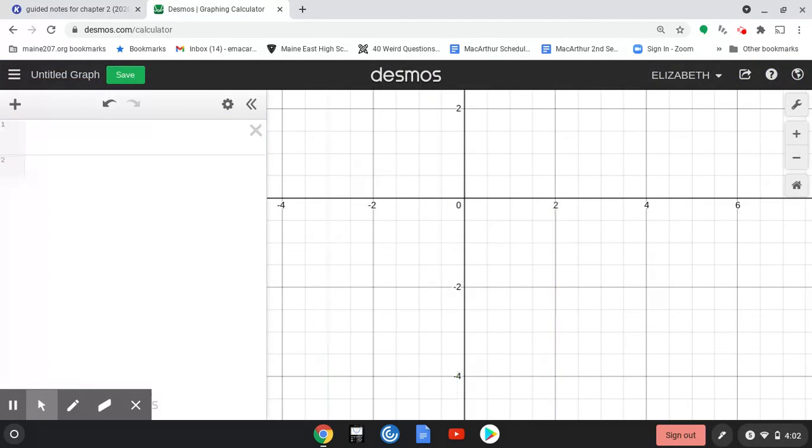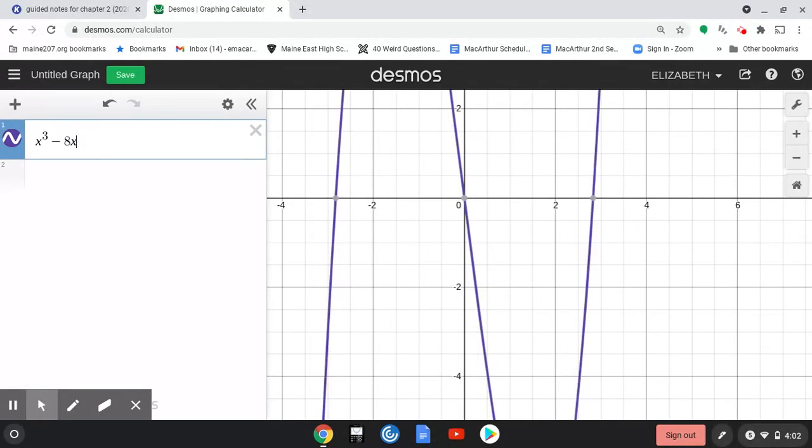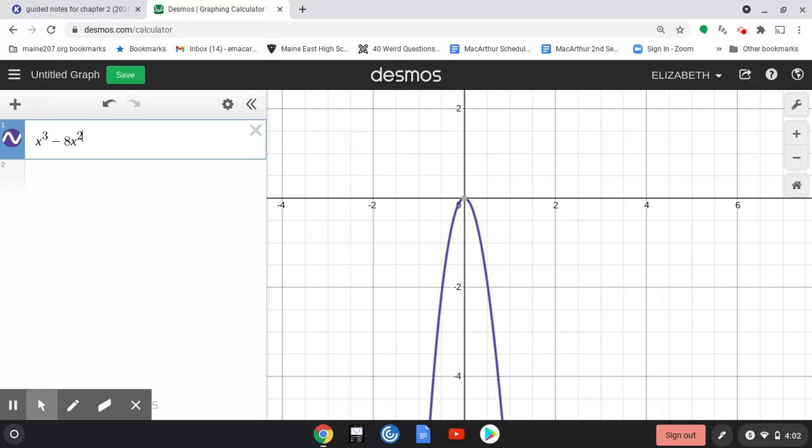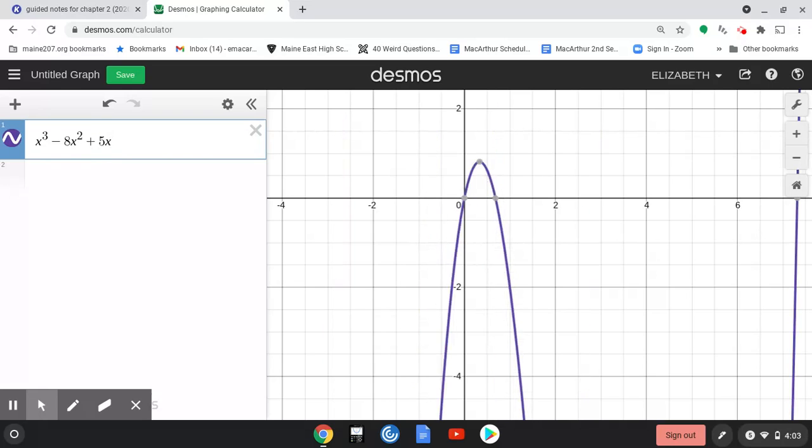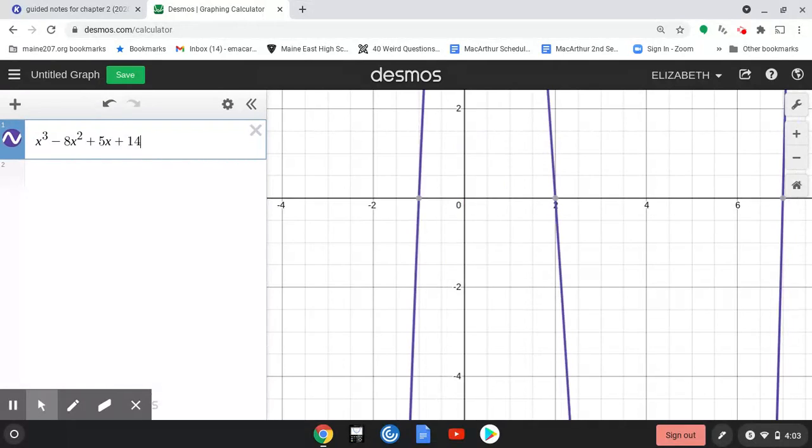All right, so if you've done it here, we're going to type our function in, x to the third power minus 8x squared plus 5x plus 14. And I see -1, 2, and 7.